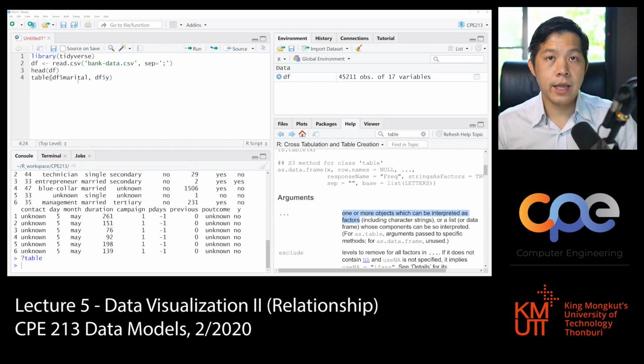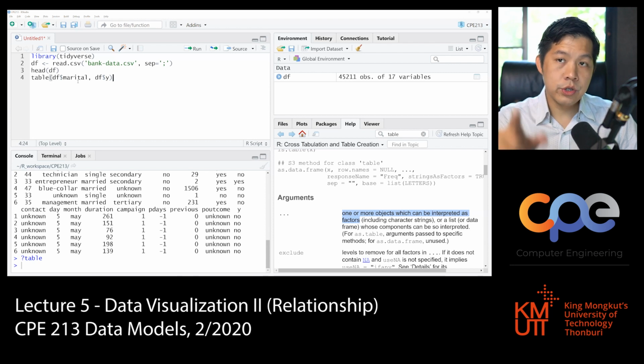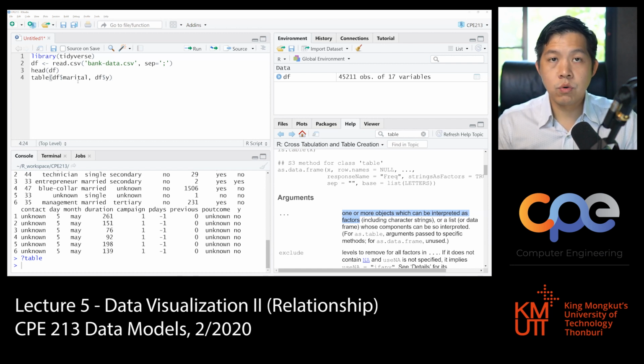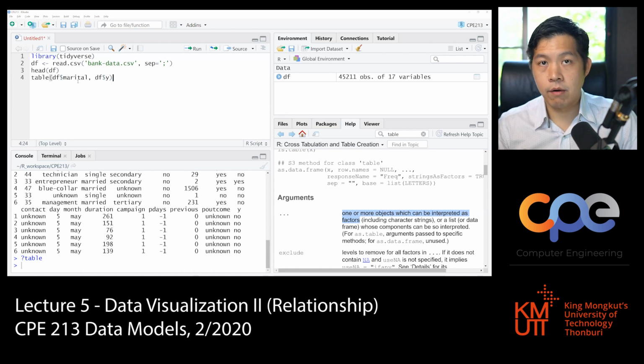If they are associated, then it will indicate that we might be able to use marital as a marker, an indicator to identify those who may want or may not want to accept the offer before we actually begin the task.